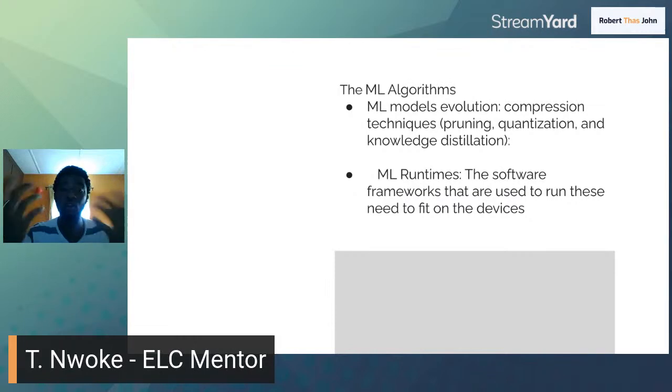You can reduce the number of calculations that happen within the mathematical algorithms of the machine learning algorithm. This is one of the approaches we use to try and reduce the size of these models to be able to run on our little embedded devices.